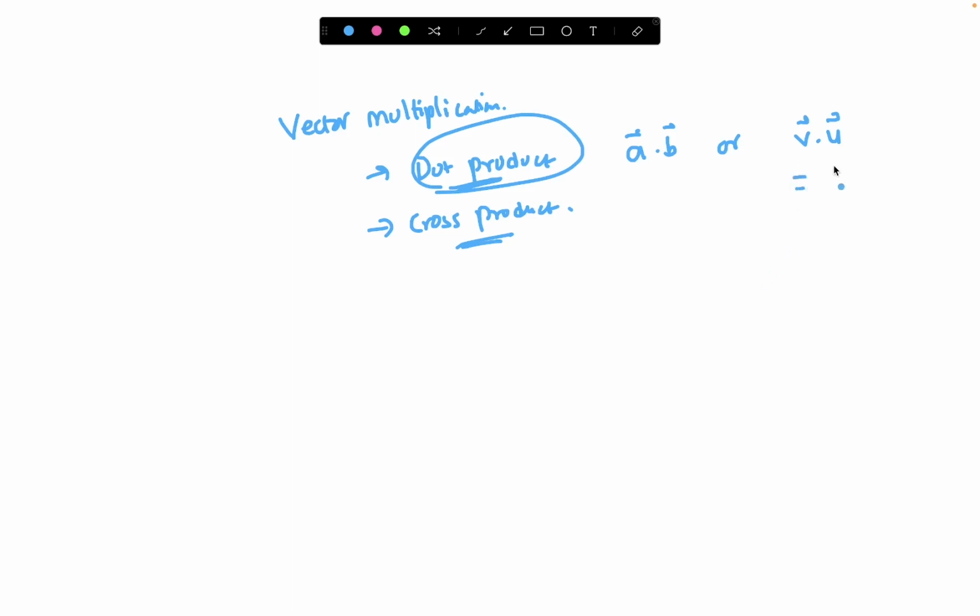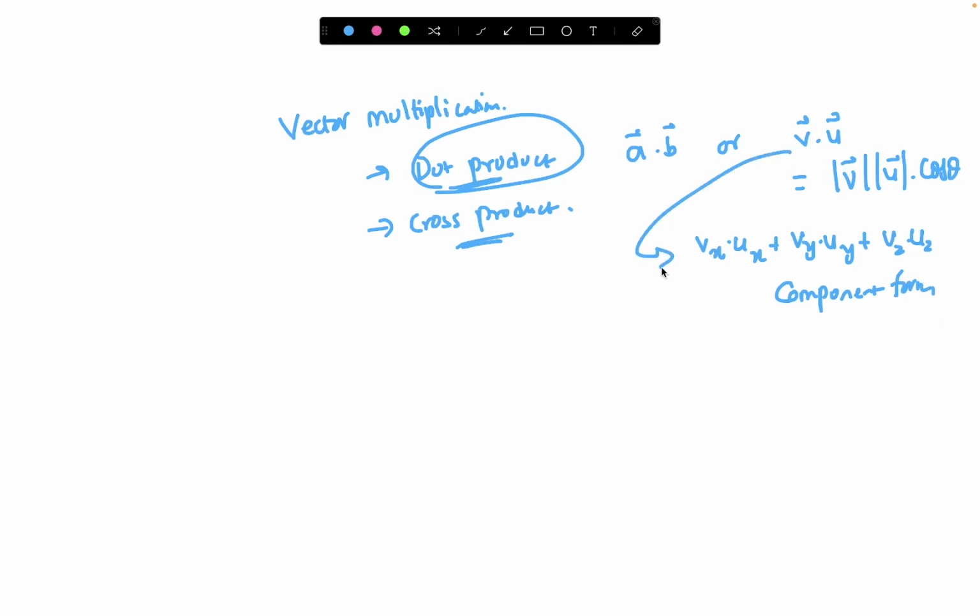So this should be equal to the magnitude of vector V and the magnitude of vector U multiplied by cos theta, right? Which is also equal to Vx Ux plus Vy Uy plus Vz Uz for three-dimensional vector space, and this is in component form. This again is the dot product of two different vectors v and u in component form.